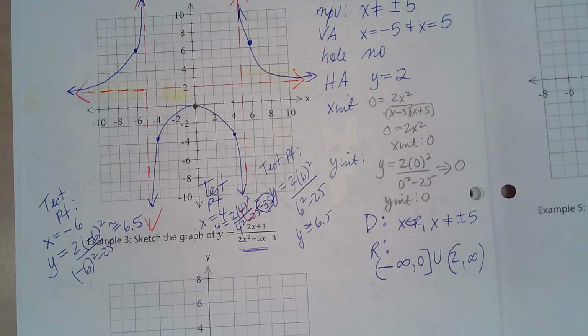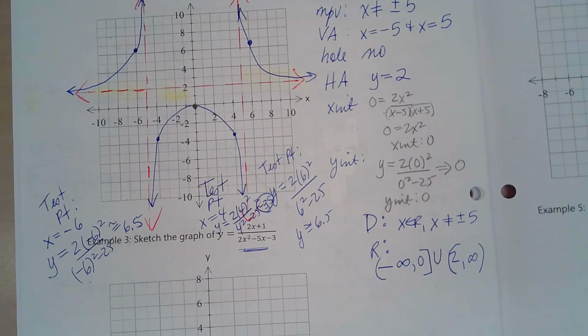It should be one. Yeah, gotta be one of these. All right, how are we doing? Question: if there's a hole, that just means there's no vertical asymptote, can there still be a horizontal asymptote? Yes.